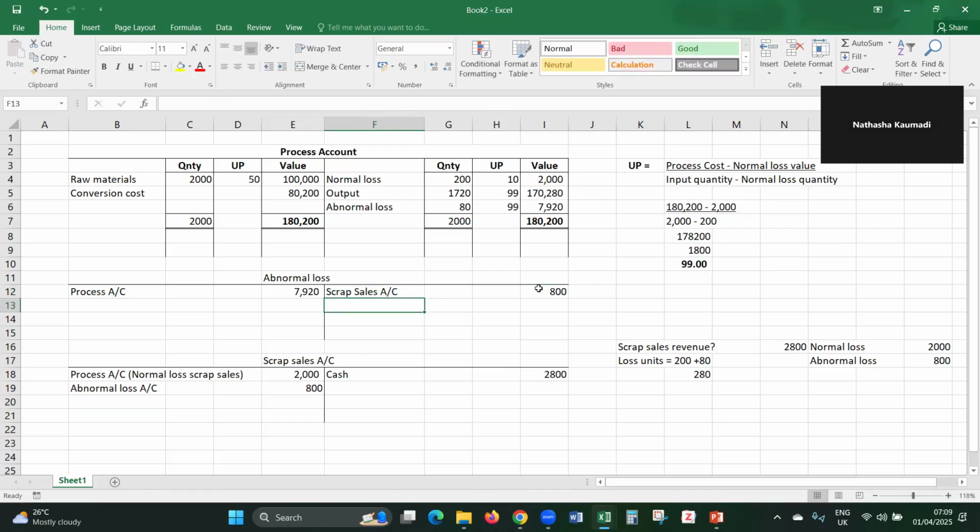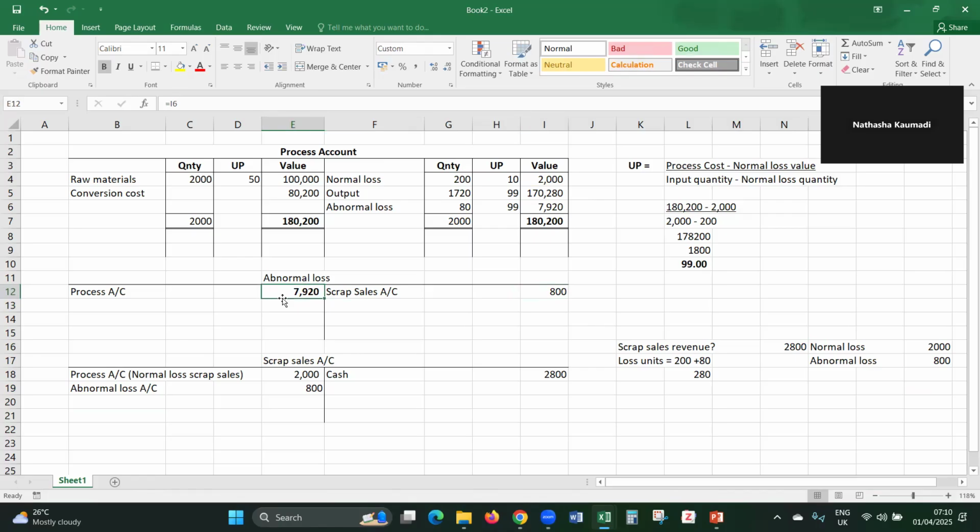What is the meaning? Even though you wrote 7,920 here as the abnormal loss, even though you have a loss like this, you can sell these loss units at a price of 10. That means by selling your abnormal loss kilograms, you can earn 800 rupees.